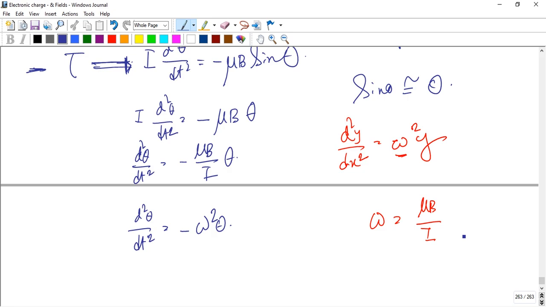And what is omega? Sorry, obviously it is omega square here, not omega. This equation and this equation look similar, so omega square equals mu B by I. So here omega equals 2 pi f, so omega square is 4 pi square f square, frequency, and that equals mu B by I. I is the moment of inertia.